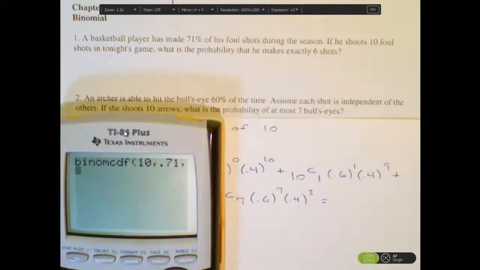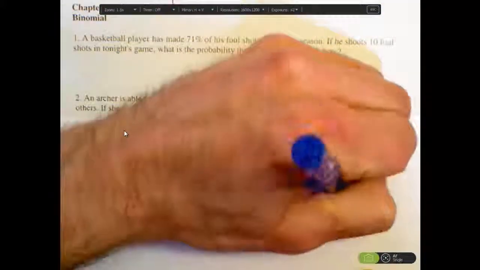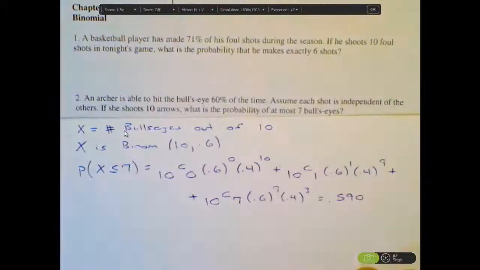So I want everything less than or equal to 7. So I'm going to put in 7 there, and what that's going to do is add the probability of 0 successes plus 1 plus 2 plus 3 plus 4 plus 5 plus 6 plus 7, which is what we want. Okay, 0.590. So a little bit over a 59% chance of that happening.